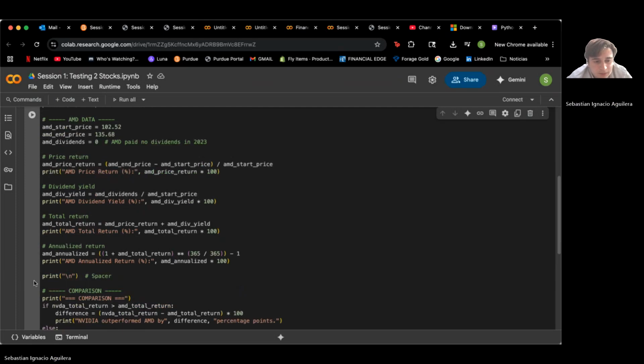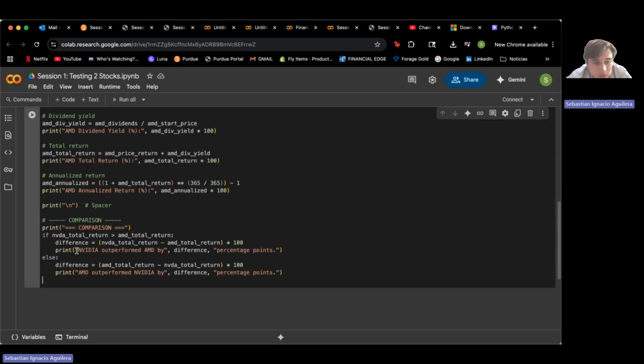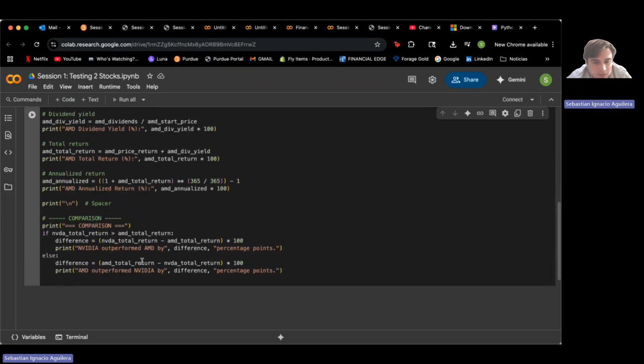And print \n for it to print all of the results. Now, as you can see, I haven't run this code, so we will run it together and analyze the data together.